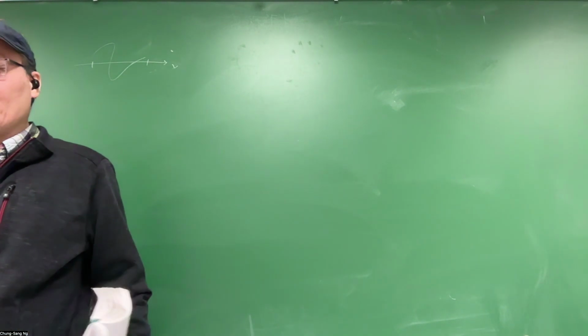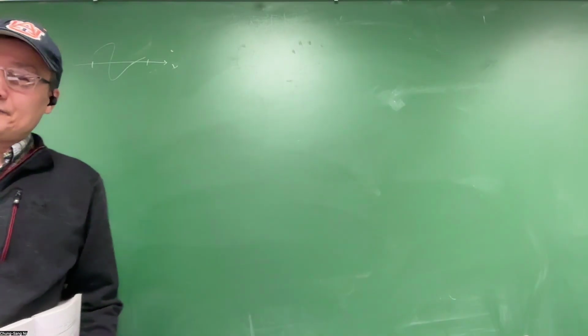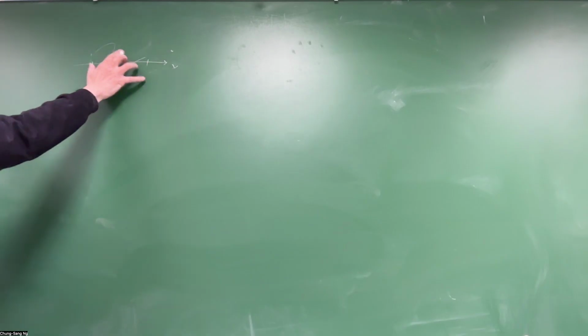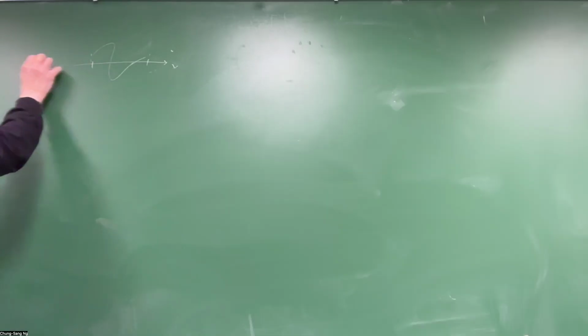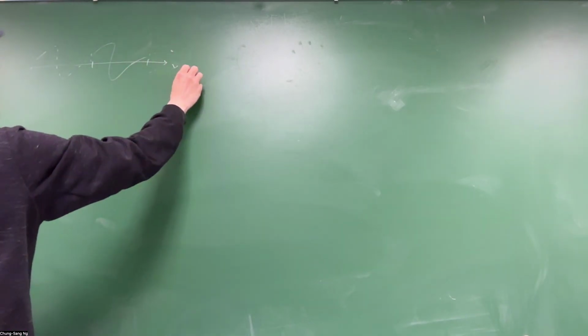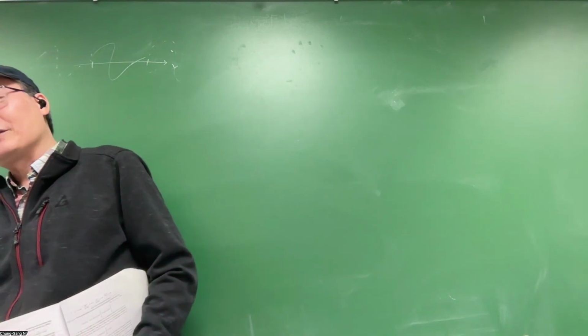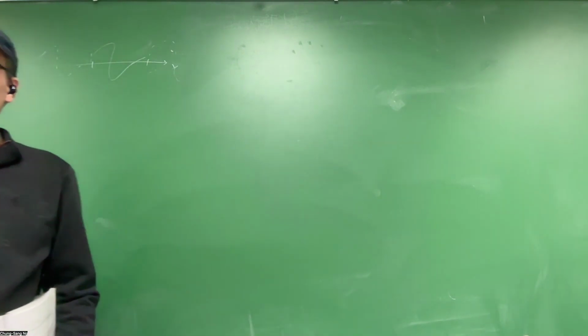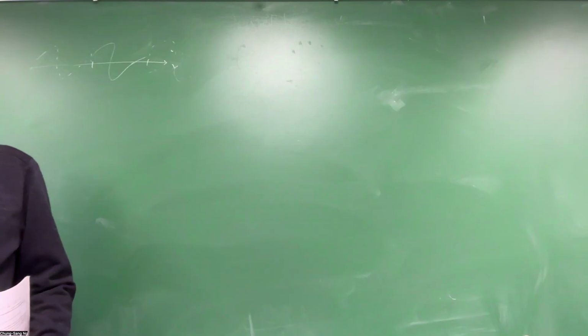But even if it's not really periodic, we just copy the function, the same distance of domain, here and there, and then argue that we can do the Fourier series. So it's not necessary that the function has to be periodic.